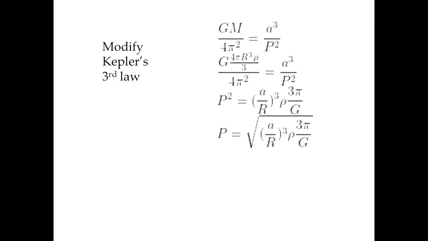Next step, we're going to modify Kepler's third law, which is GM over 4 pi squared is equal to a cubed over P squared.